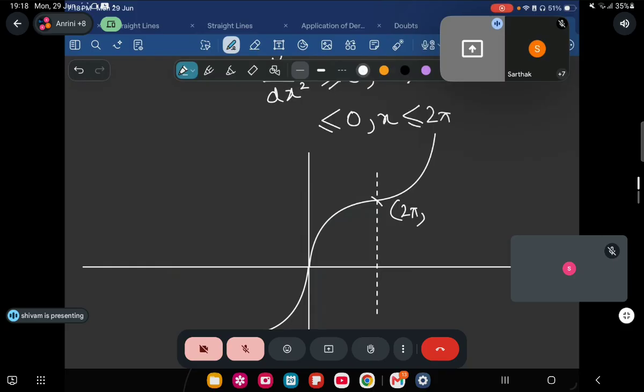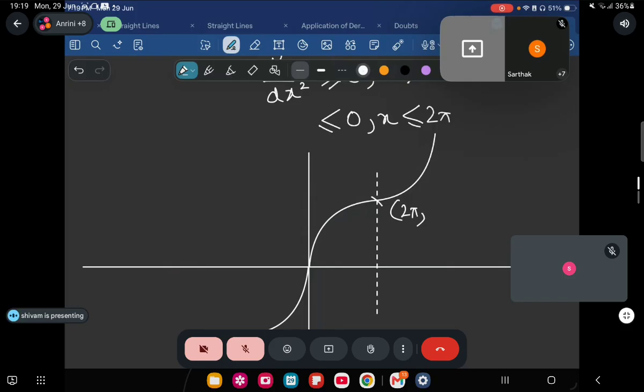Yes, I think I've drawn the graph of x minus sine x, right? Tell me, why is it taking so much time?